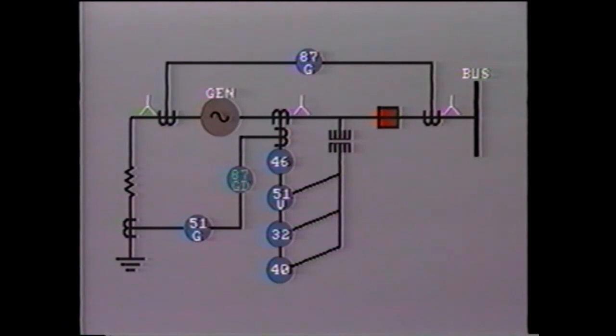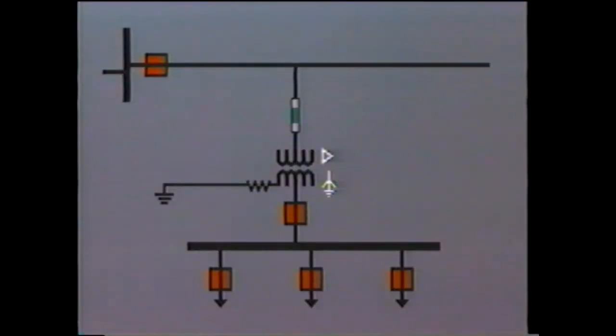In an earlier tape, you will remember we discussed the application of this relay to generator protection. Another typical application is with the distribution substation transformer, where the high voltage side is connected in delta, protected by fuses, and there are no CTs available.